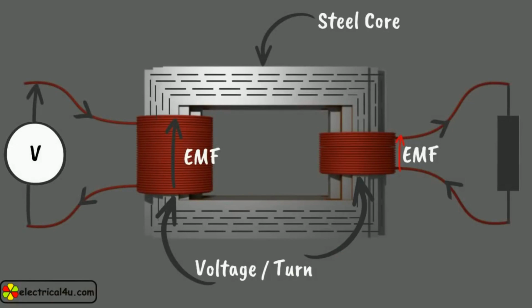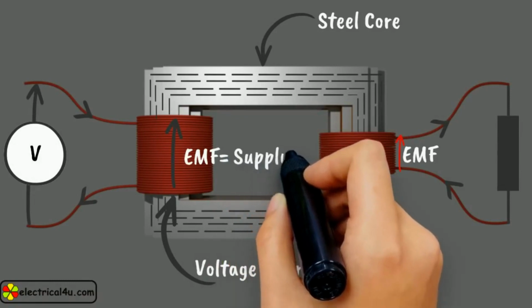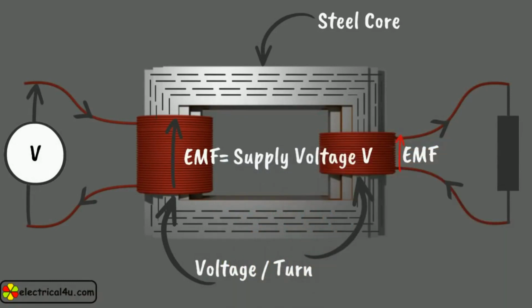We have already explained that voltage induced across the first winding is the same as the supply voltage. Actually, here we consider that there is no voltage drop between supply terminals and the first winding. This is an ideal case. For theoretical purposes, we will consider that condition.